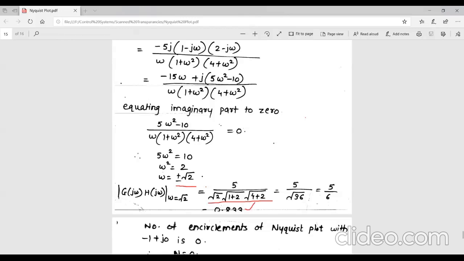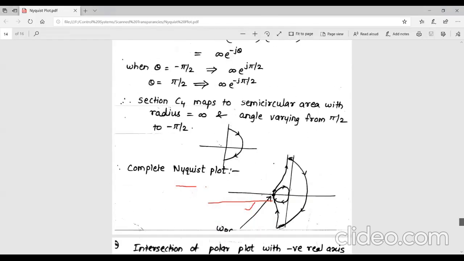Okay, so now if you look at the equation, let me put the diagram again. Now, if we put the values here, the omega PC is under root 2 and the point on the real axis at which this omega PC occurs is 0.833. Okay, so it is still not minus 1 plus J0, right?